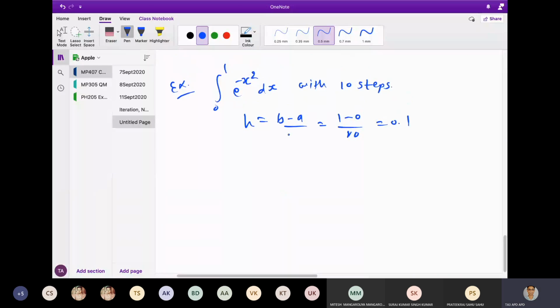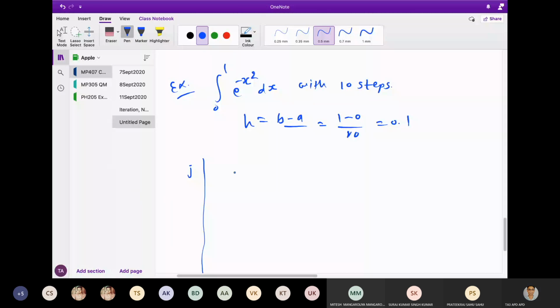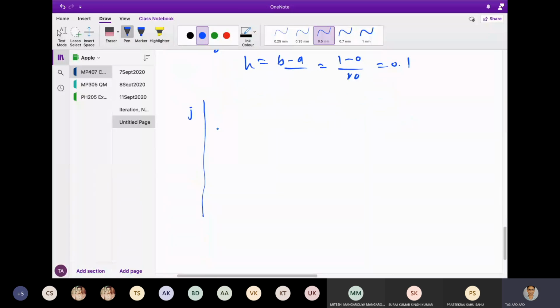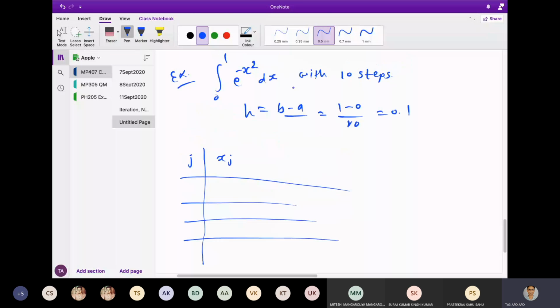We will have j, then xj, because that is there in the function.